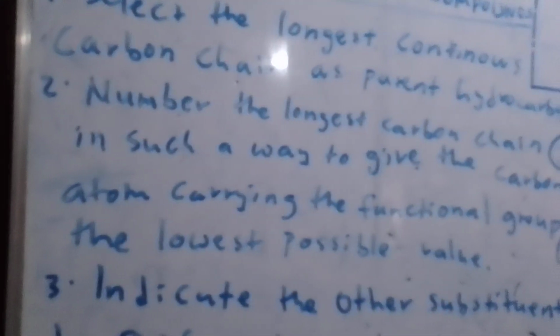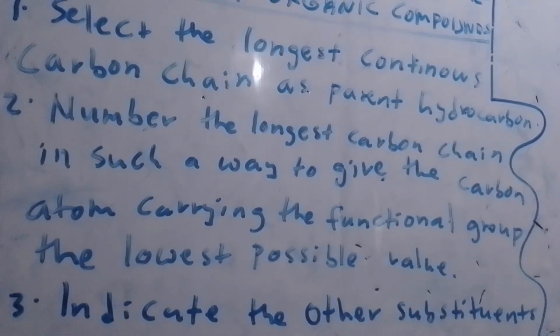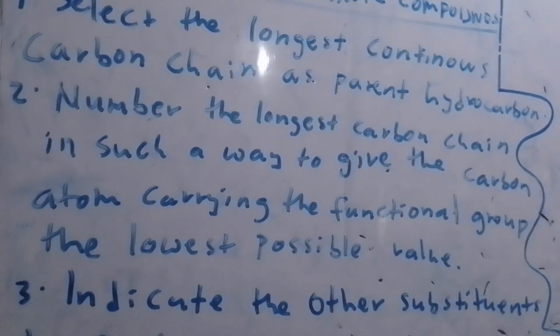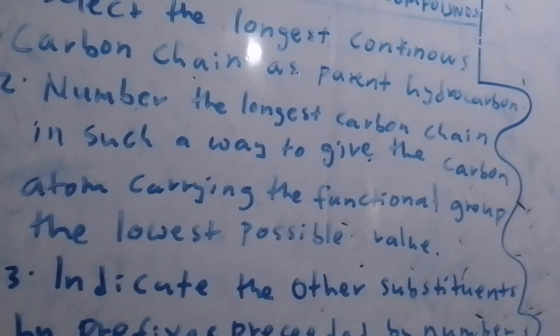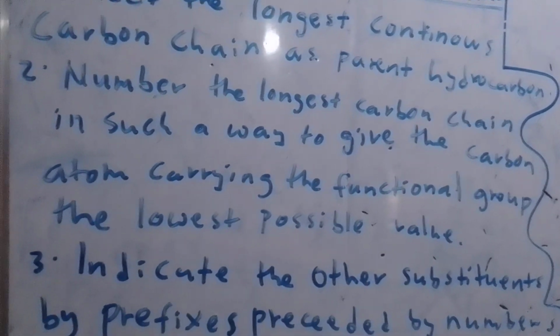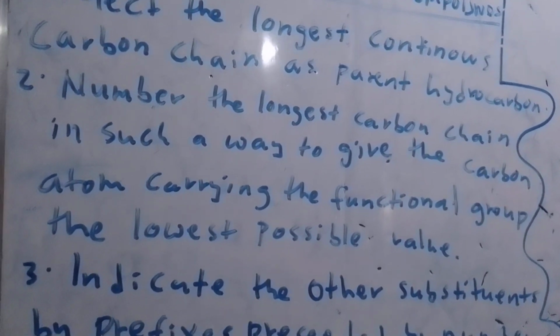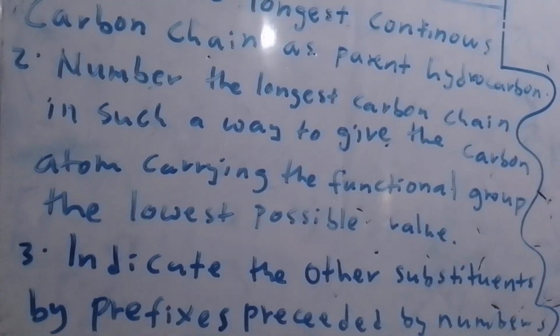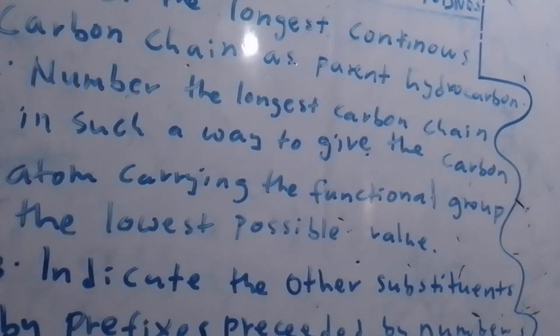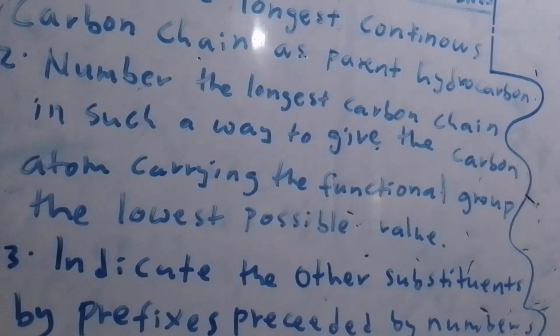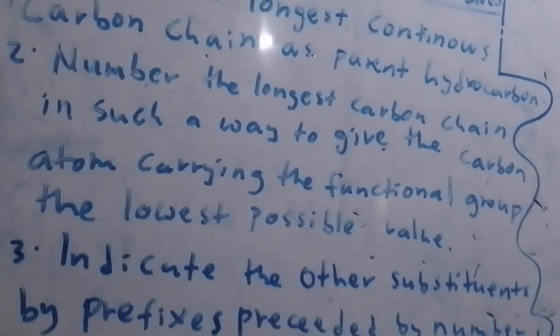Alright, now let's look at the second rule. The second rule is: number the longest carbon chain in such a way to give the carbon atom carrying the functional group the lowest possible value.